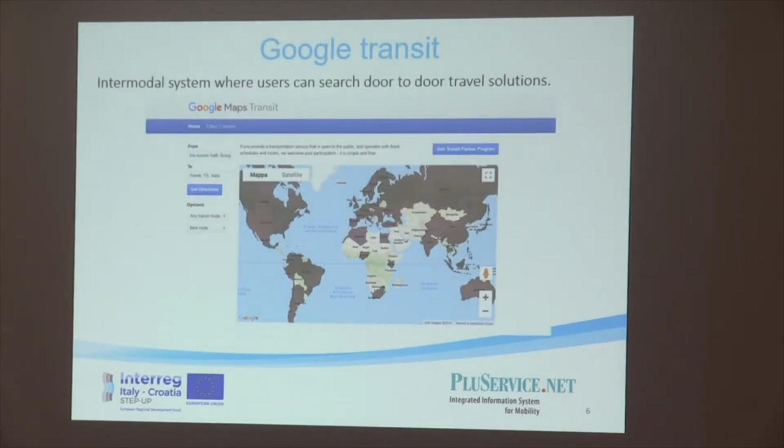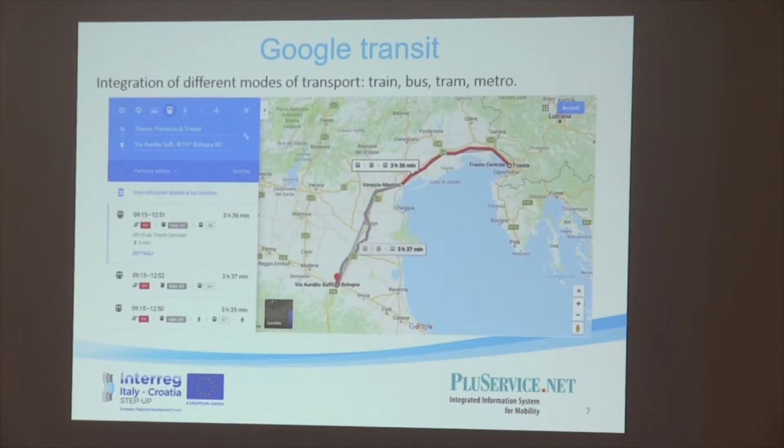An example of an intermodal system is Google Transit, which everybody knows. It's a system where users can search door-to-door travel solutions. So a user can insert an origin and a destination, and the system provides some solutions with the different modes of transport.